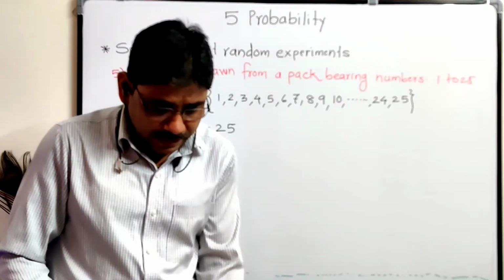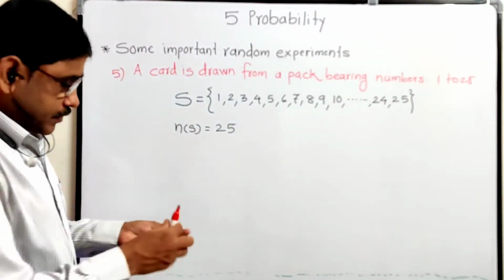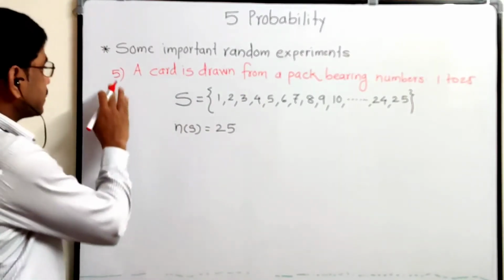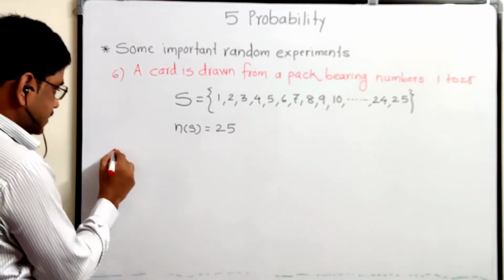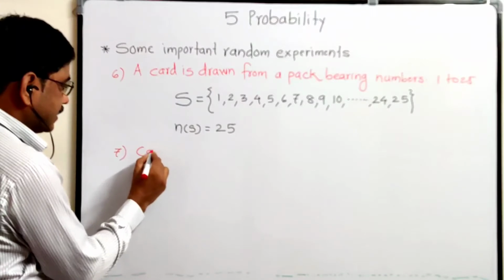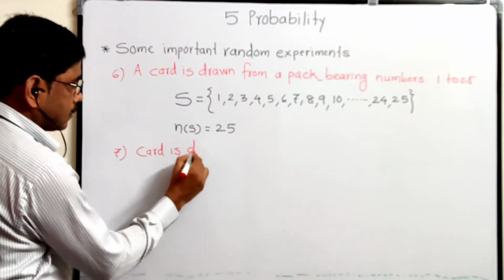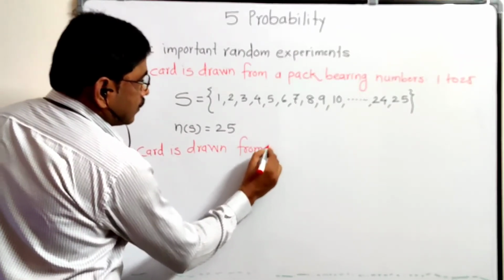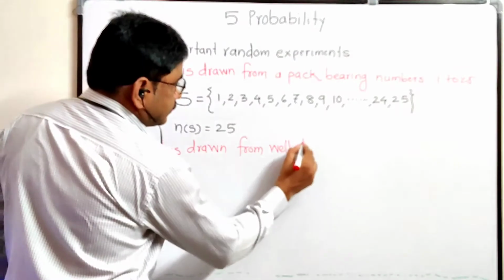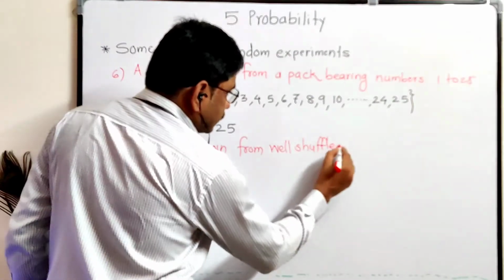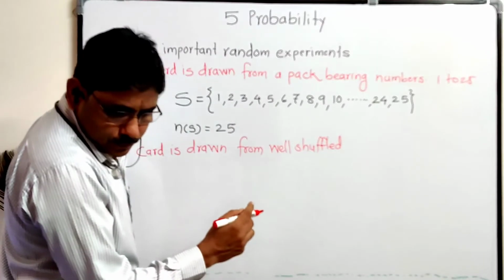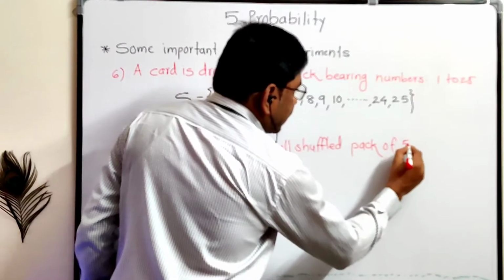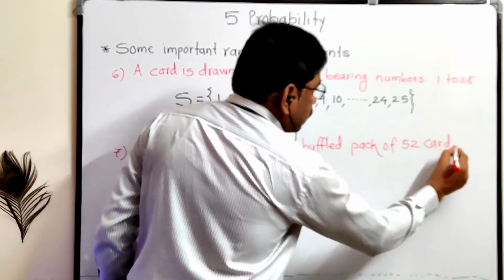The sixth random experiment is a card is drawn from 52 playing cards. This is the sixth one and the last is the seventh one. A card is drawn from a well shuffled pack of 52 cards, 52 playing cards here.